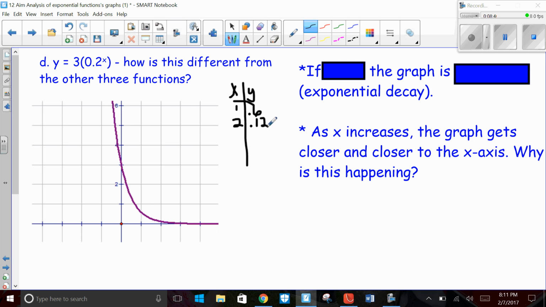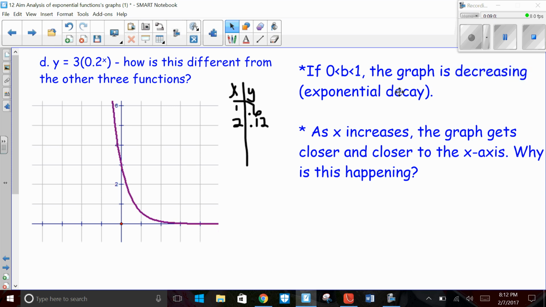So notice that the quantity decreased, right? From 0.6 to 0.12, that's a decrease. And so what we're noticing here is that if b, the base, is between 0 and 1, the graph is going to be decreasing. So this is the opposite of growth. This is called decay.